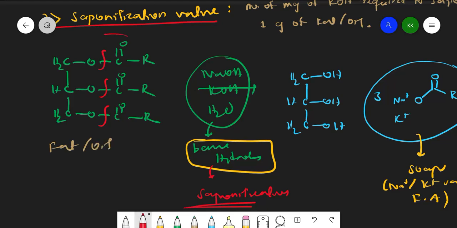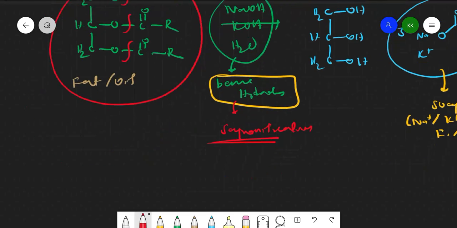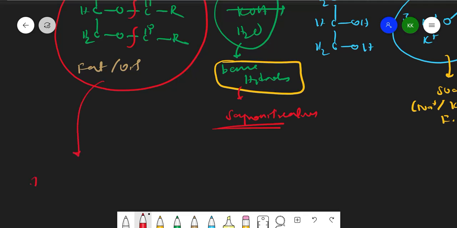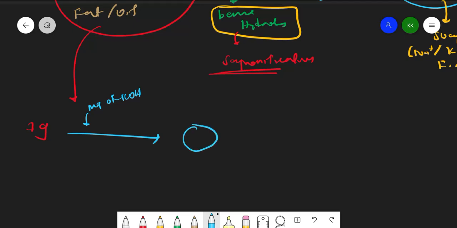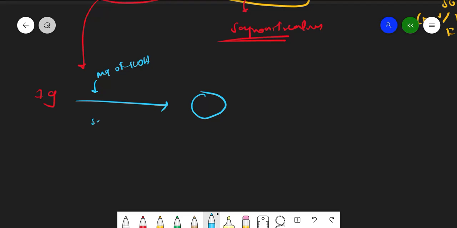So we take this fat or oil, 1 gram of it, to that we add some milligrams of KOH, right? So we will get the soaps right here. So this process is nothing but saponification.